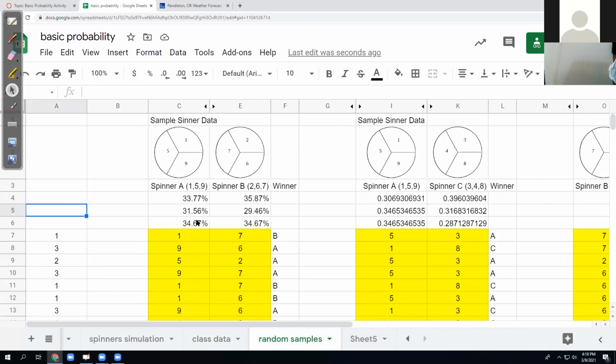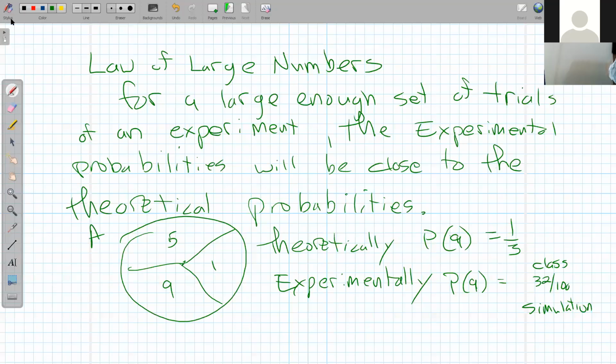Before there was a 31 or a 32 there. So let's go with the 34.67. Here, there were 100 trials. Here, there were about 1,000 trials. So that would be like 347 out of 1,000, say.